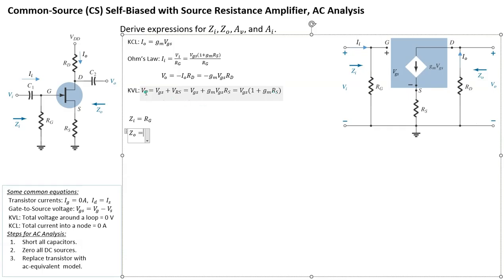The only way that VI can be 0 is if VGS is 0, because the rest cannot be 0. So when VI equals 0, VGS is 0. Now when VGS is 0, GM VGS is 0, which means it is now 0 amps, which means this is now an open circuit. So the only thing that ZO will see is just RD. So straightforward. ZO is simply RD.